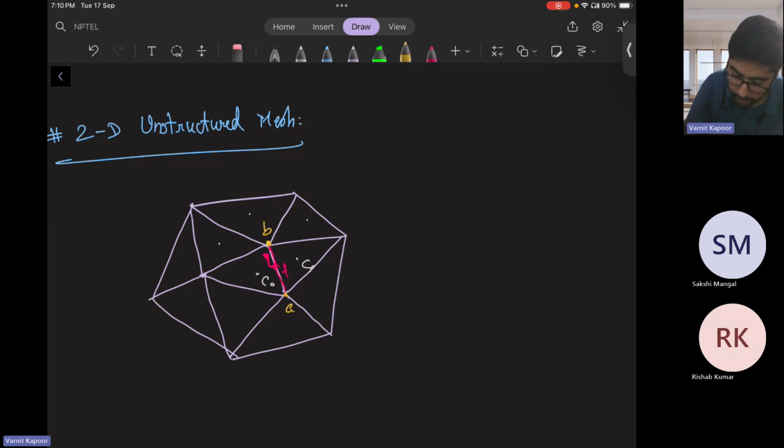Suppose for the C naught, this is your north face, this is your south face. The value will come from here and here. So for north face, value will come from here. For south face, value will come from here with some kind of interpolations.